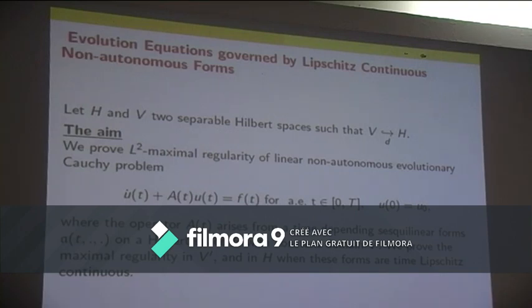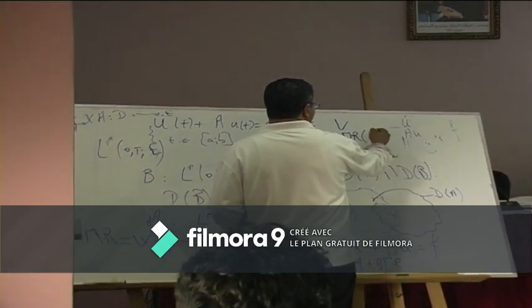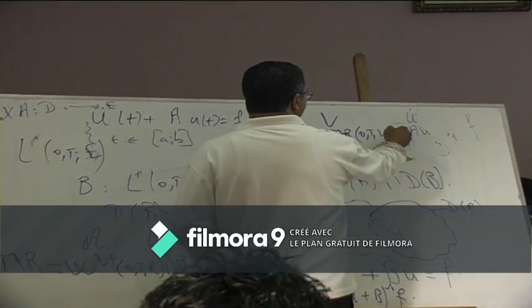That means that for each t, the operator A(t) is associated to the form a(t). In this case, we will prove the L^2 maximal regularity, but in the space MR(0,T; V prime).